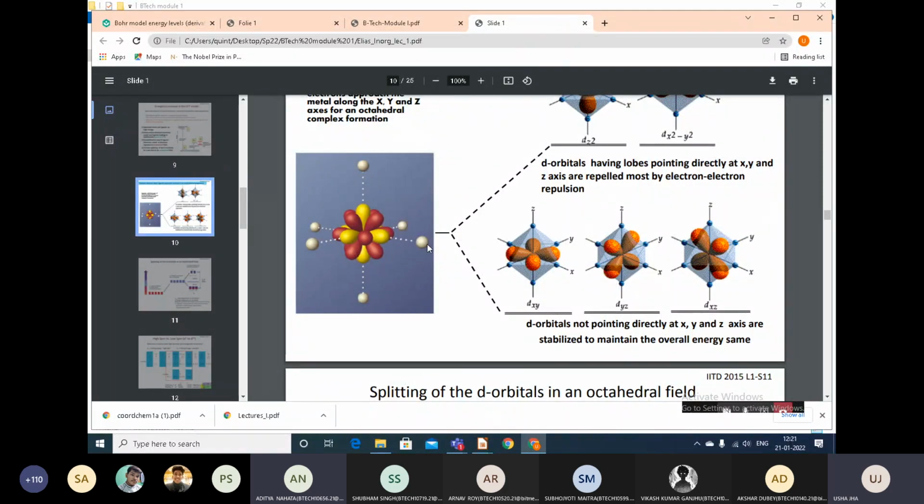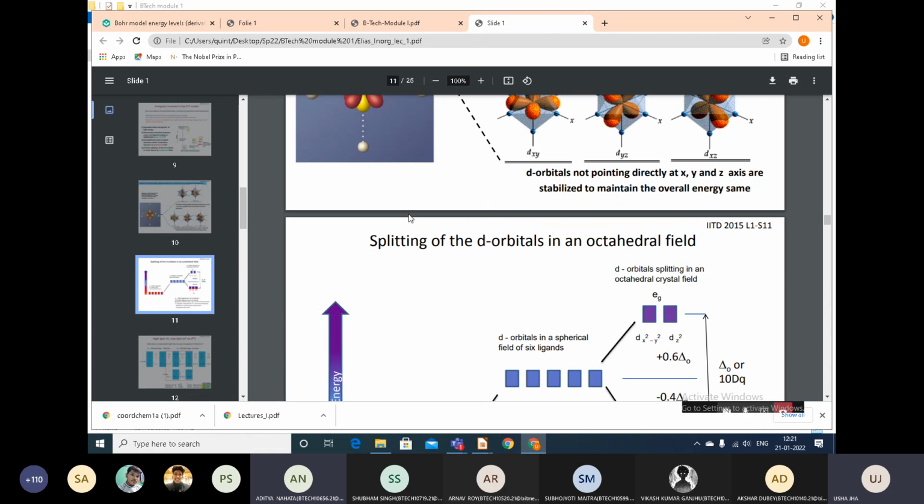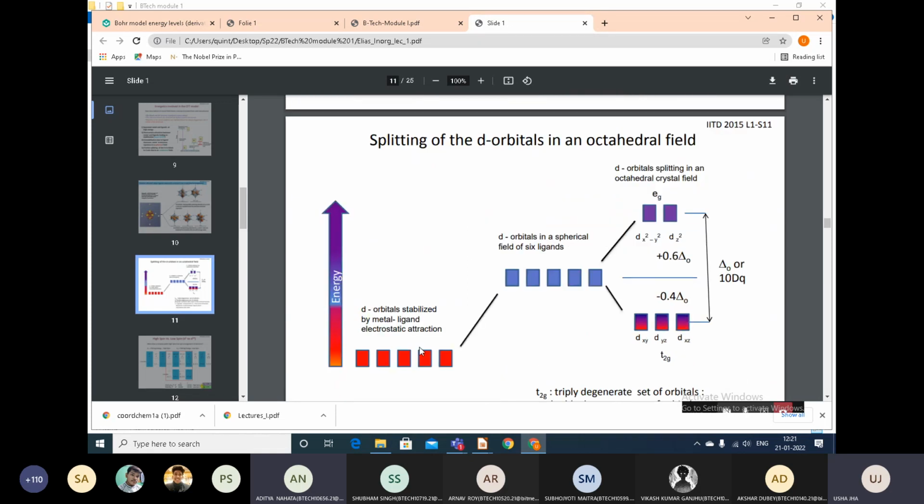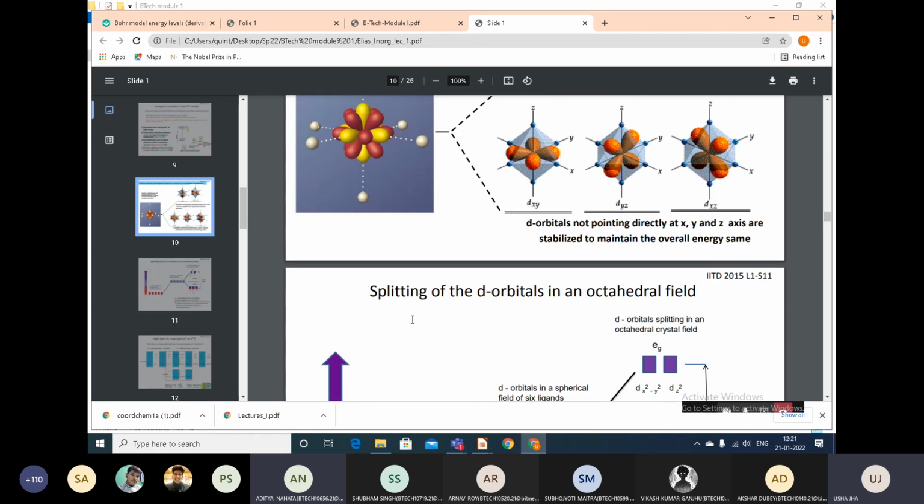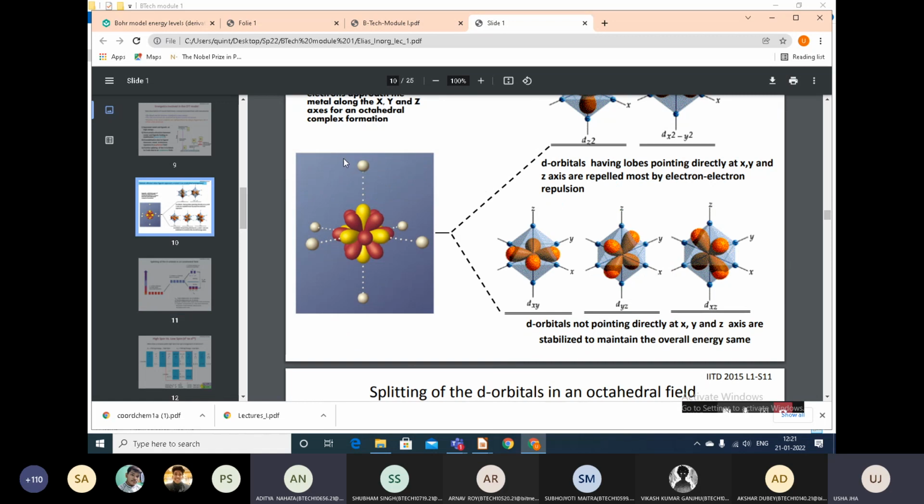The 6 ligands are approaching towards the central metal atom. We are thinking that initially they come around as a spherical charge, so a negatively charged sphere is formed around the metal atom. As it forms that sphere, these ligands are negatively charged, and the outermost d orbital, if it contains an electron, is also negatively charged.